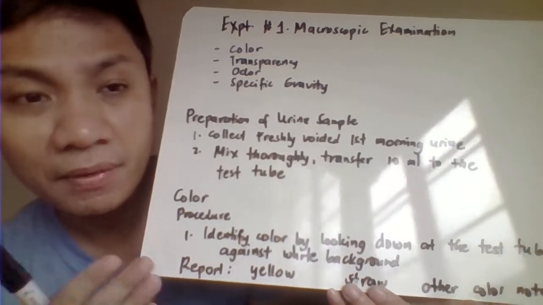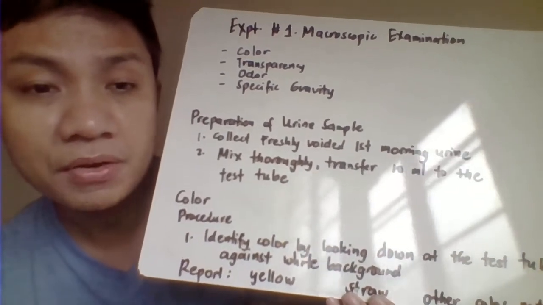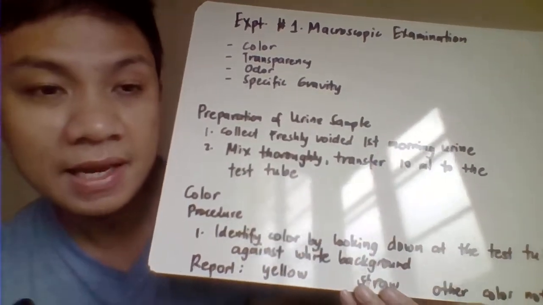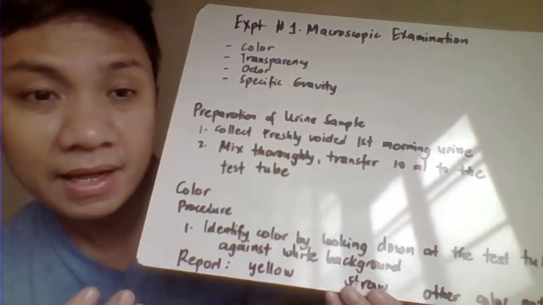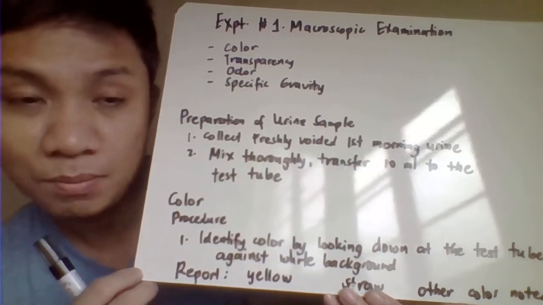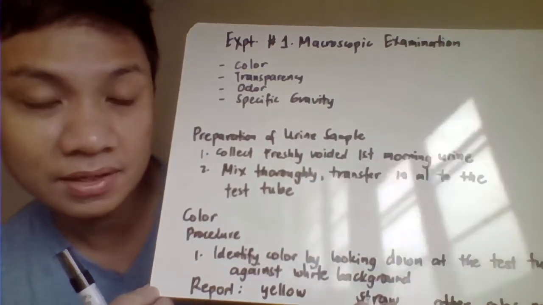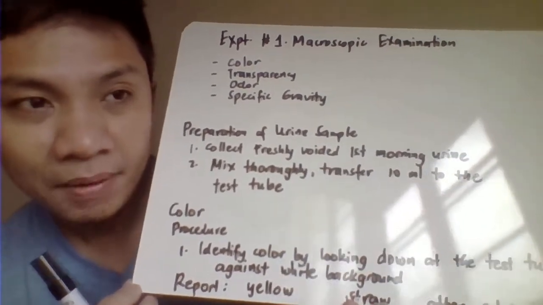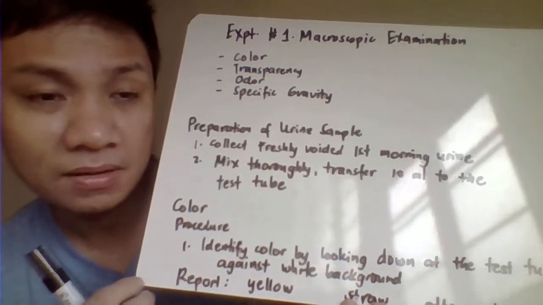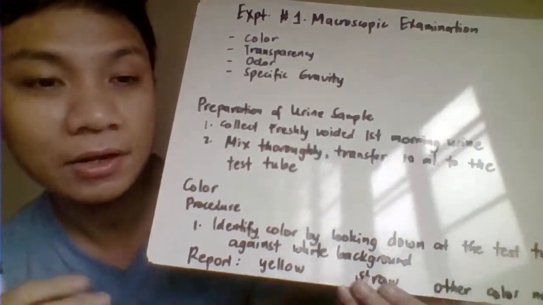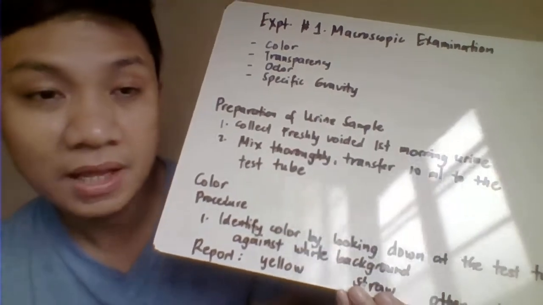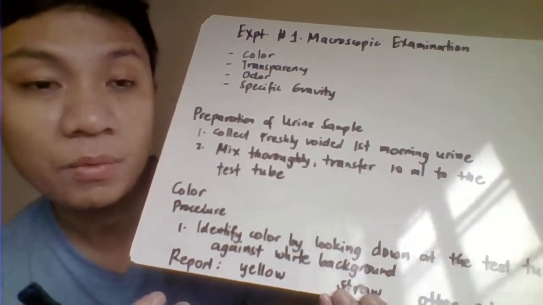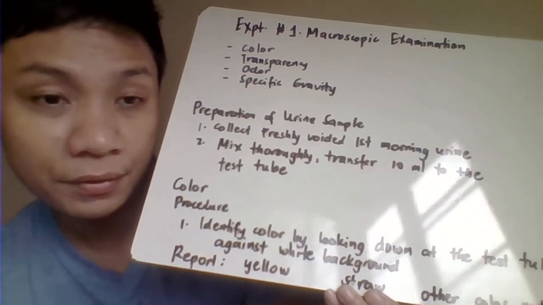Another sample is random. A random urine is urine collected any time of the day. If the specimen is random, it's more of a diluted urine sample. How does it become diluted? Within the day, we eat and drink, and that contributes to the urine output or urine volume.